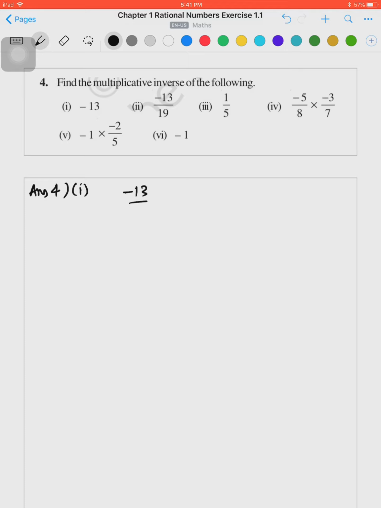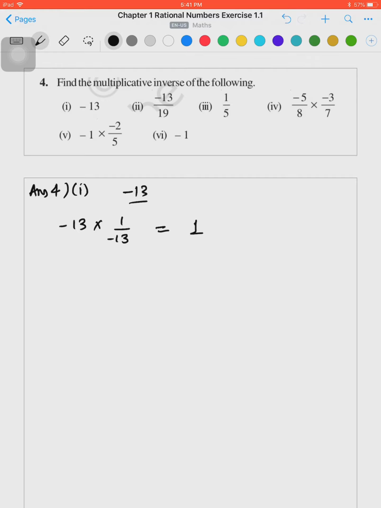That number will be, if we multiply minus 13 by 1 by minus 13, that is the reciprocal of this number. I hope you remember we have done what is reciprocal in the previous class. If you multiply a number by its reciprocal, the result will become equal to 1. So this will be cancelled out by the minus 13 here, so the result will be equal to 1.